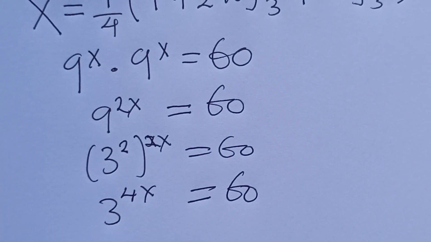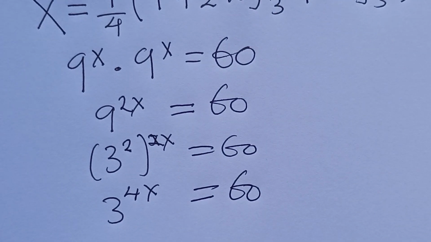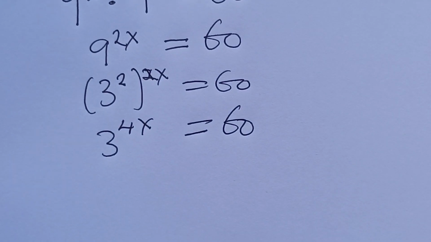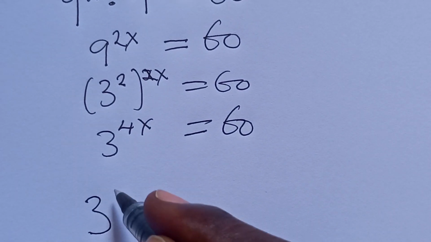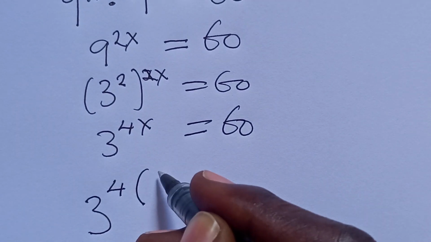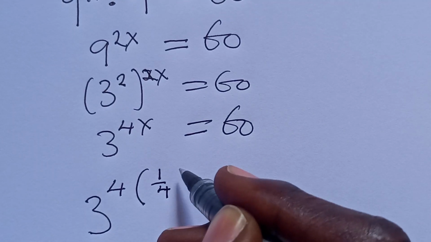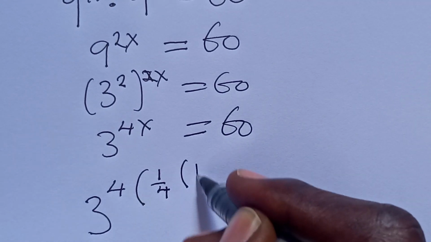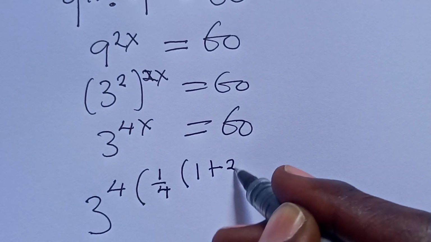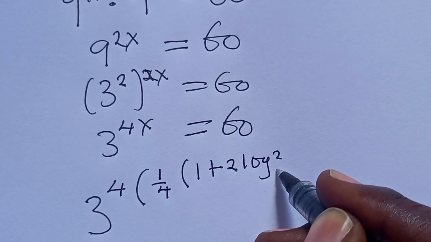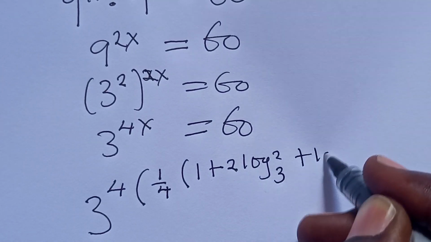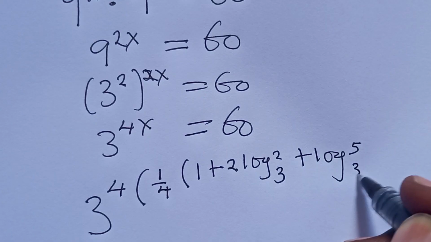So if this is what we have now, let's substitute the value of our x. We have 3 to the power of 4 into the value of our x, which is 1 over 4 (1 plus 2 log_3 2 plus log_3 5).